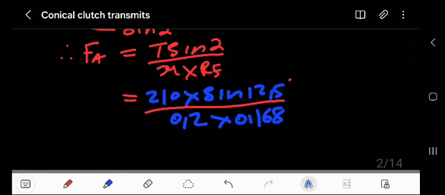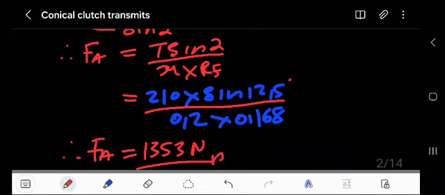Then let's find the axial force, which simply equals 1353 newtons. We have that.